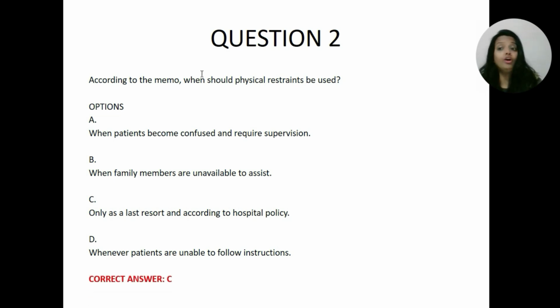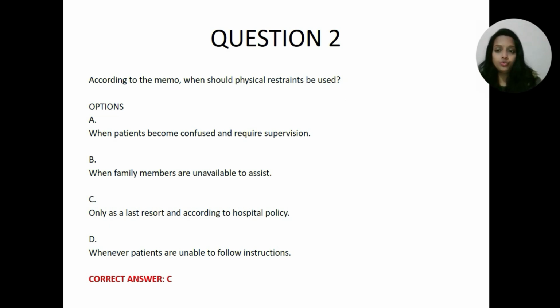And let me tell you why option D is also not correct, because this one is overgeneralization. Whenever patients are unable to follow instructions? No, that is overgeneralization and it violates patient rights. Got it? Remember, when policy language appears like last resort, in accordance with, that option almost always carries exam authority.